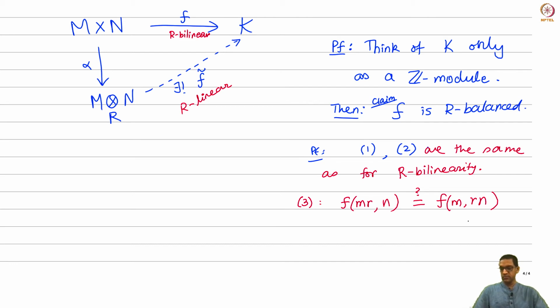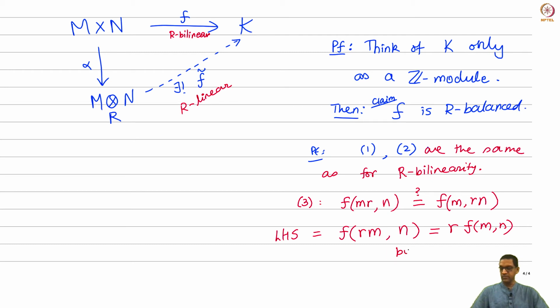So why does this follow from R bilinearity? So let us check. So what is the left hand side? Well, f of (mr, n). So what does mr mean? I'm going to do right module action by R, but recall the right module action is just the same as the left module action. Okay, and now by bilinearity I can pull the r out.